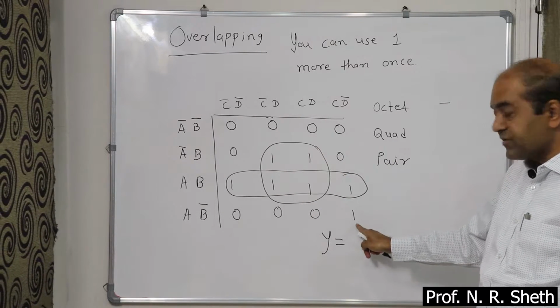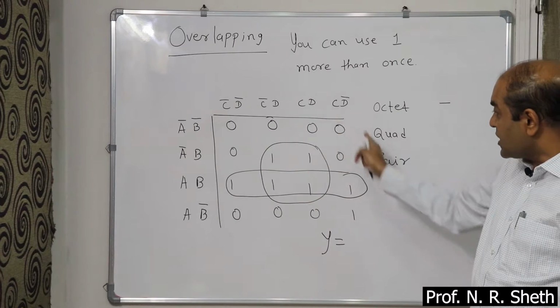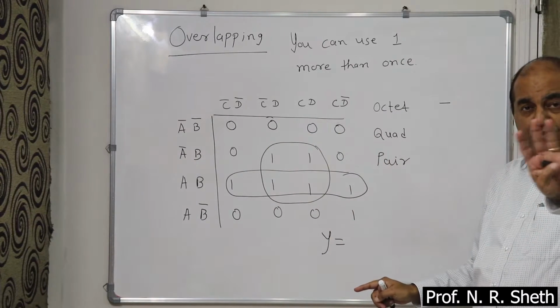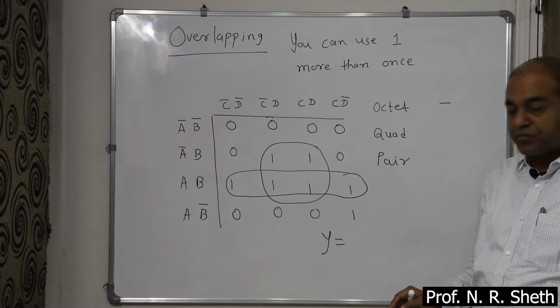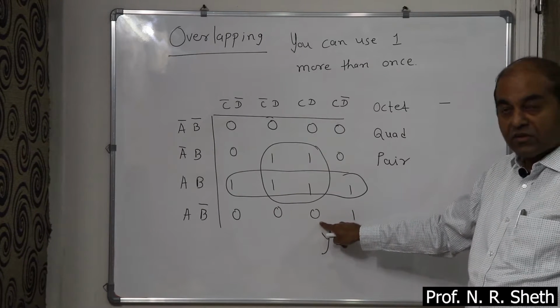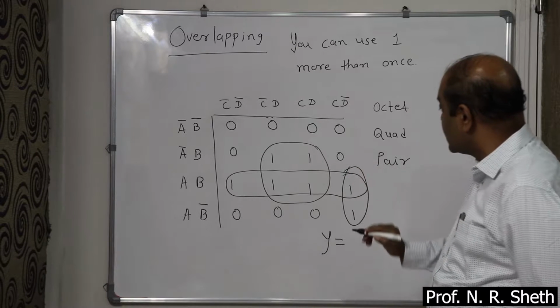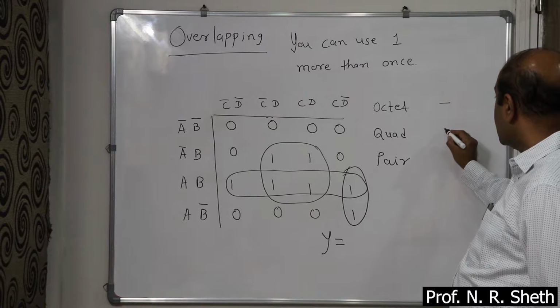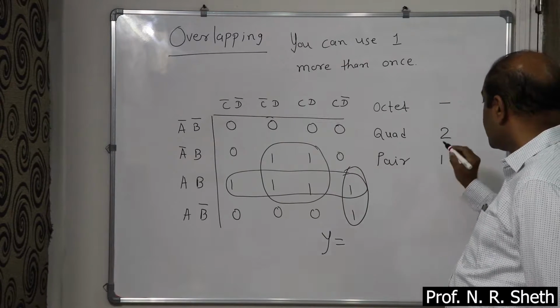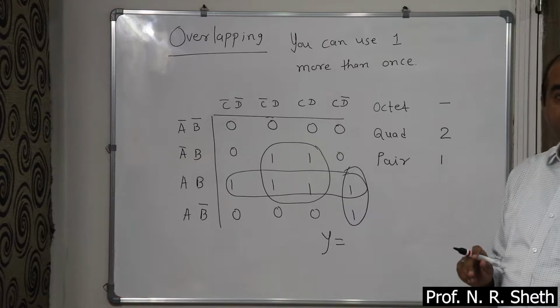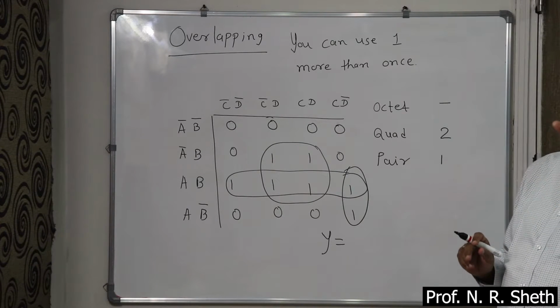Now this one is left. In the surrounding areas, 4 ones are not possible, because this one is 0. But we can have a pair. So finally we have 2 quads and a pair.